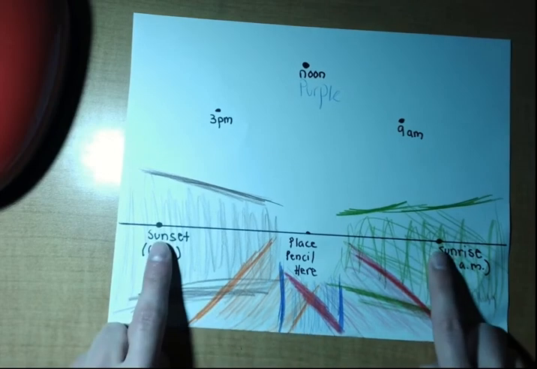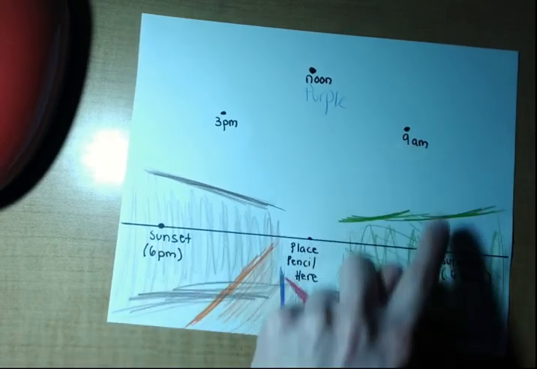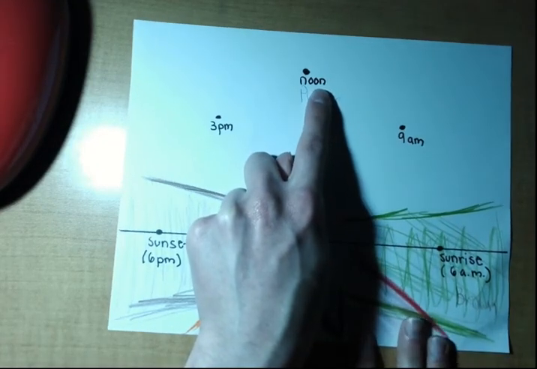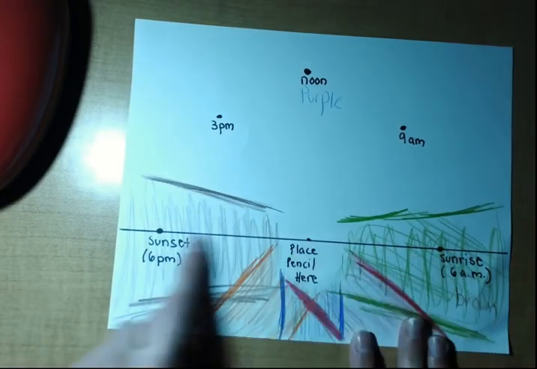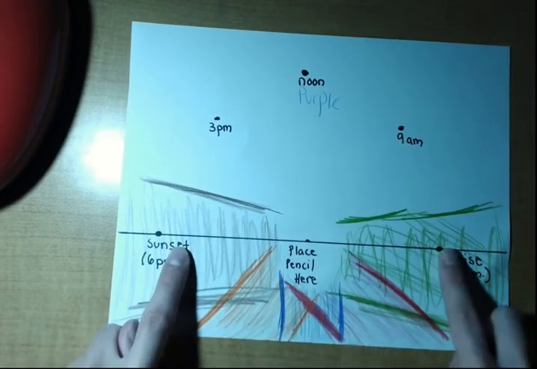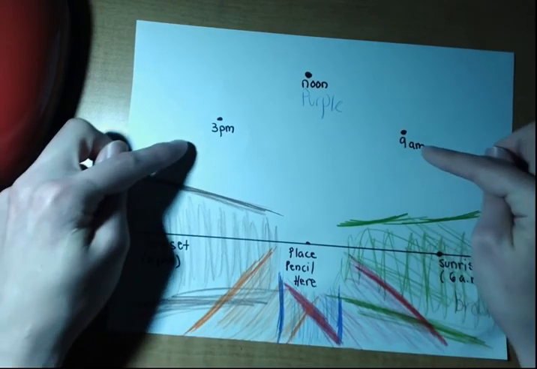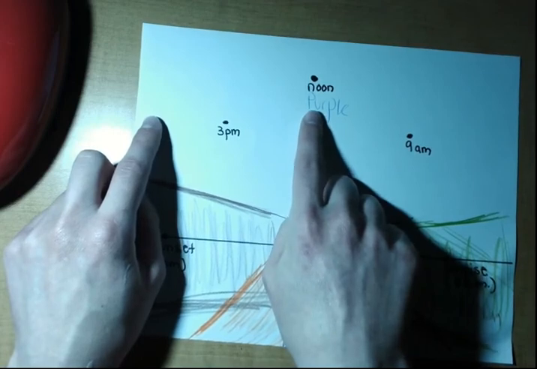So they were longest at sunrise and sunset. And as it was going up, up, up in the sky, it was getting shorter and shorter in shadows. So as it was near that horizon line, at the beginning and the end, it was the longest shadow. And as it got higher in the sky, it made a smaller shadow.